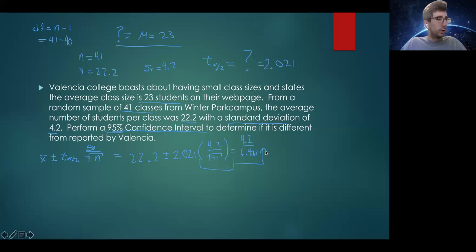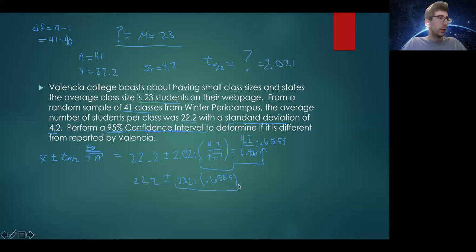So if we do 4.2 divided by 6.403, that equals 0.6559. Okay, so we've got 0.6559, just replacing that here. We need to multiply that by 2.021, and then we need to plus or minus the sample mean, which is 22.2.